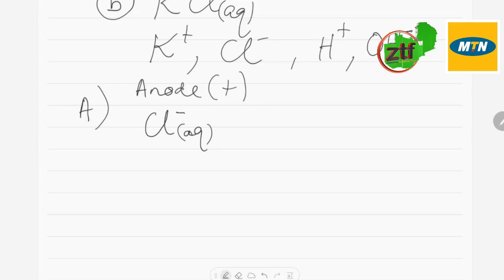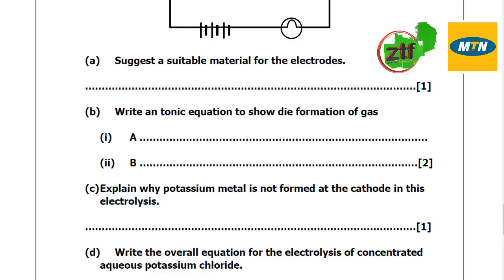This one loses electrons to form Cl2 gas plus electron. So I'm going to balance it. So this is an ionic equation showing the formation of the gas at A. B, remember the B is the cathode.